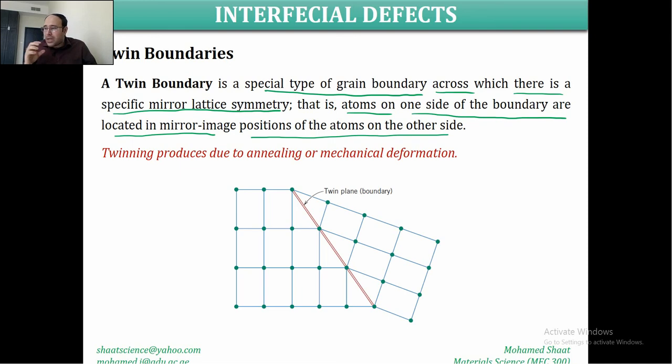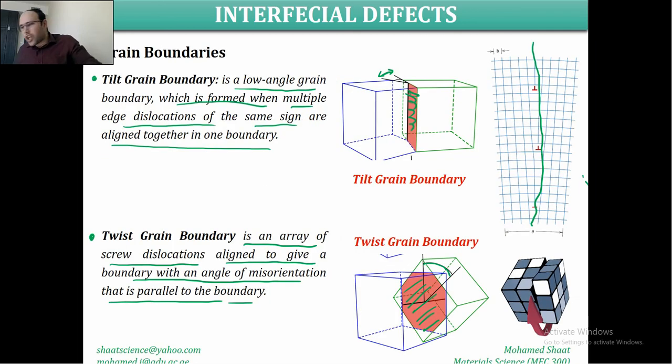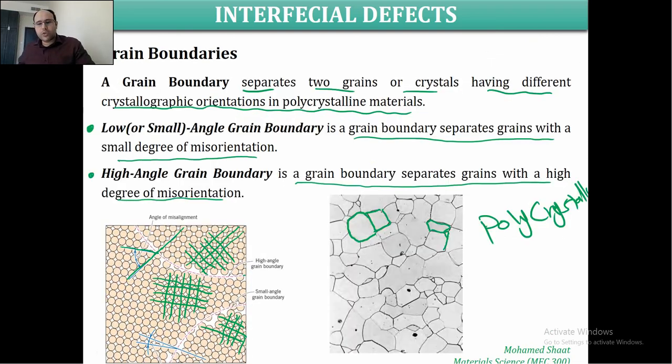This boundary is mainly generated under special conditions, where the material has been severely deformed, and this would result, as I mentioned, in one grain penetrating into the other grain to form this twinning. But the twinning boundary will not show up like the other grain boundaries. Grain boundaries could show up because of dislocations, or because of the misorientation of the material, like one grain oriented differently than the other, and you still have two separate grains.